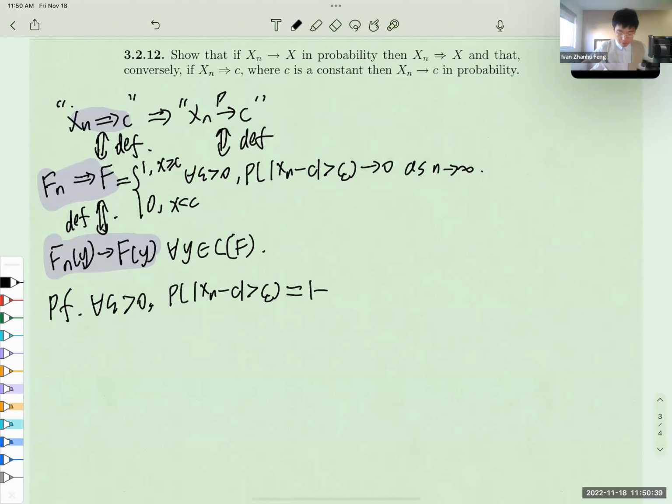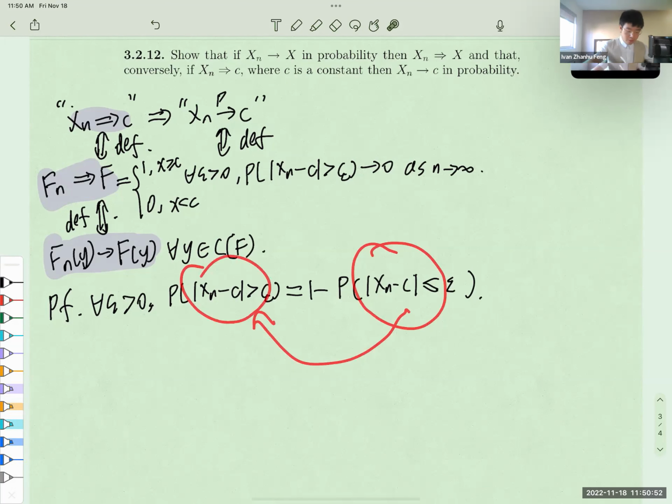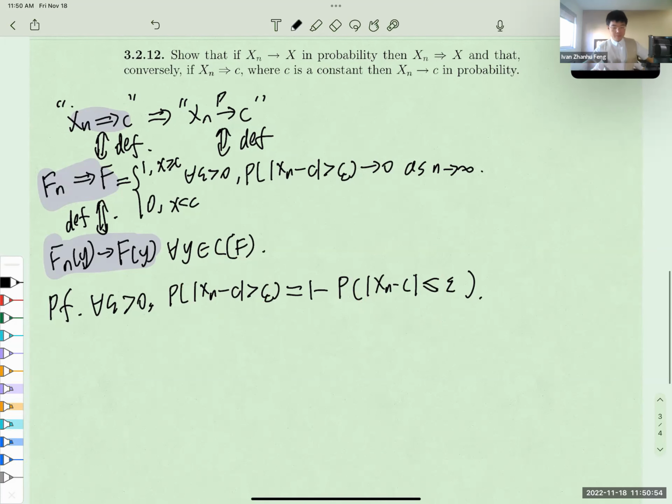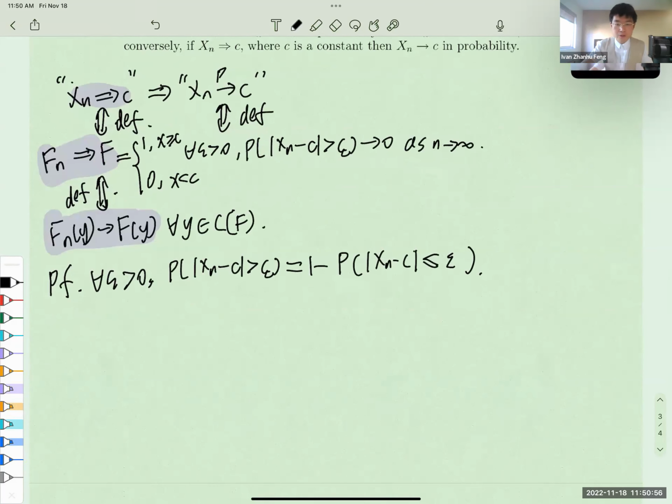So it equals, of course, 1 minus P(|Xn minus C| less than or equal to epsilon), because of course this event is the complement of this event. So the sum of their probabilities is 1.